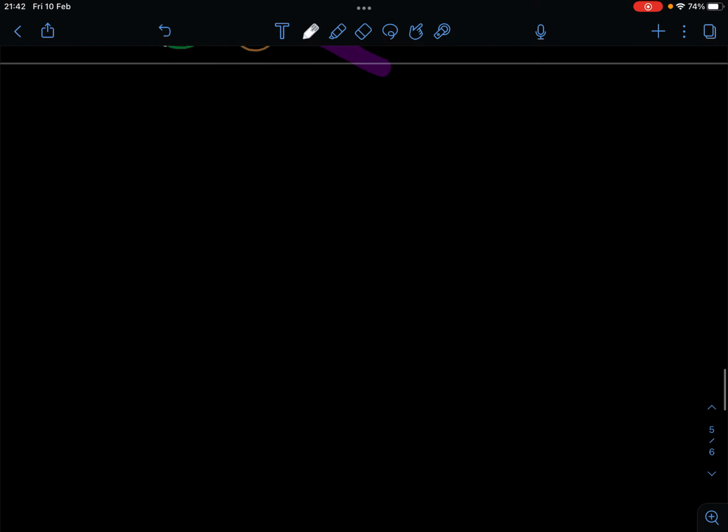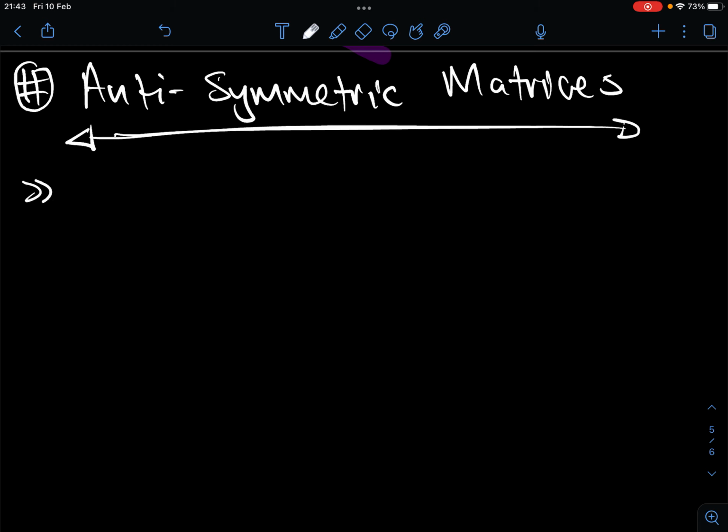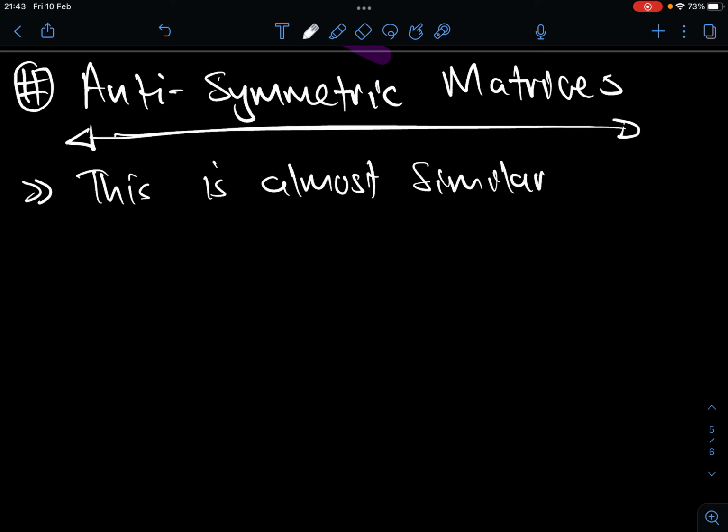Then we have also another group of matrices, almost similar to this one, but with slight differences. So we have what we call the antisymmetric matrices. So what is an antisymmetric matrix? This is almost similar to a symmetric matrix.